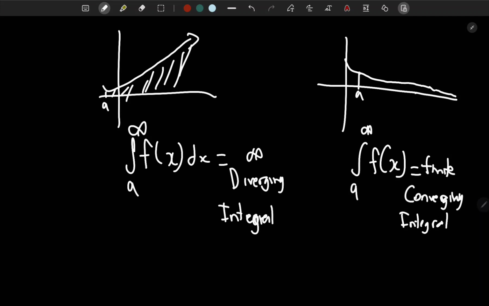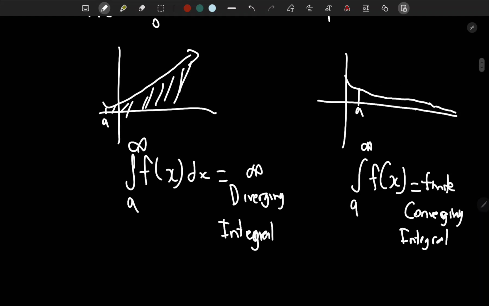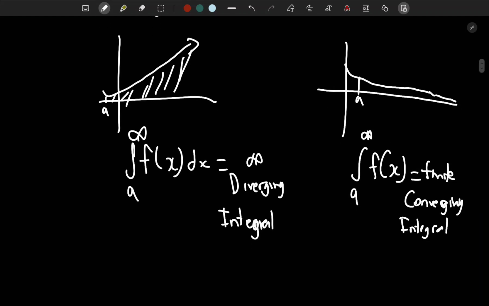And the way to think about this converging integral is, let's say we have 1 plus 0.1 plus 0.01 plus 0.001 and so on, and this continues until infinity. Now what do you think the answer for this will be? Will it be infinity?